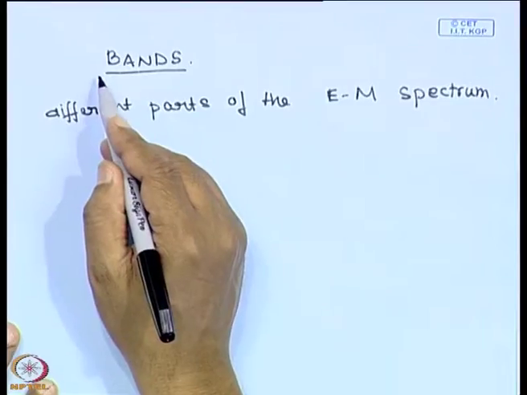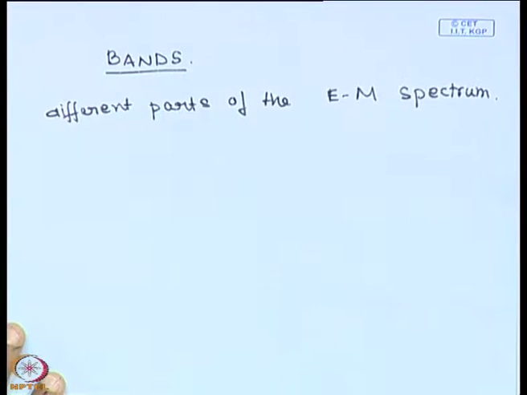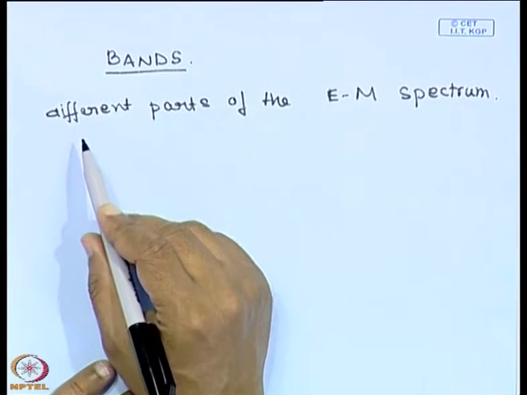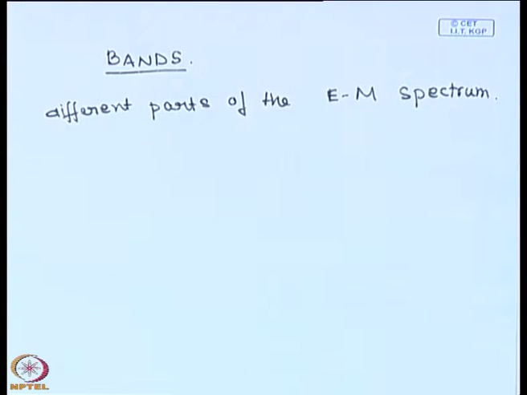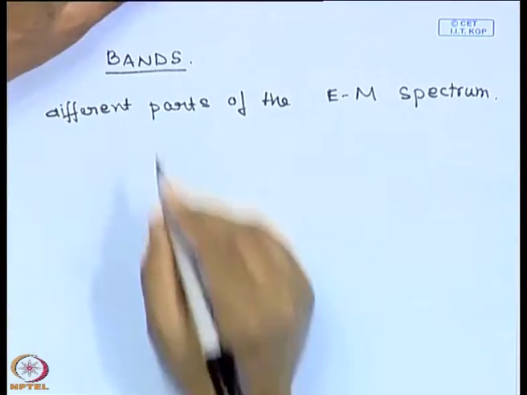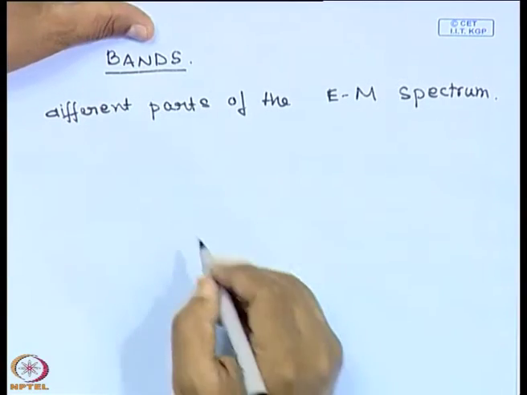Photometric observations are targeted at measuring the flux from a given source, and the flux is measured in a specified wavelength range, which is referred to as a band. Each band refers to a different part of the electromagnetic spectrum, and the band is implemented through filters.